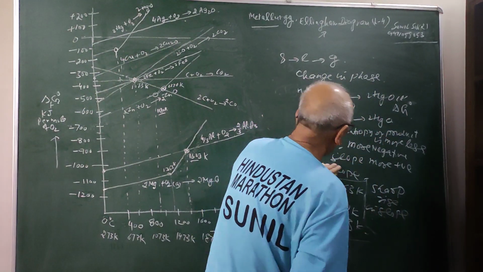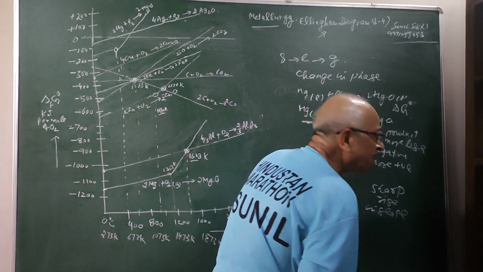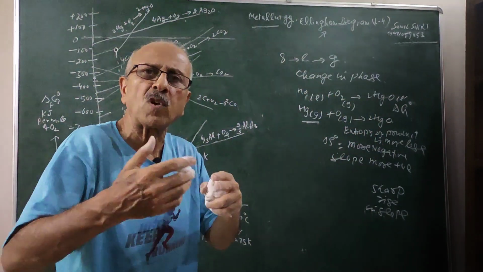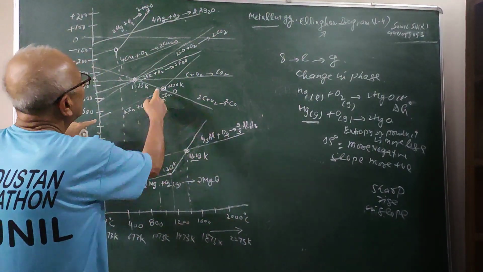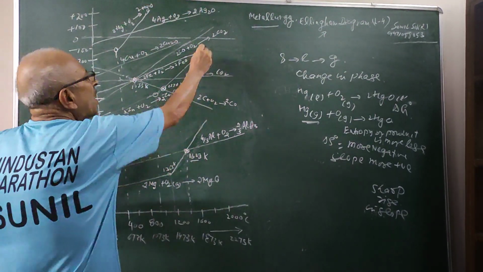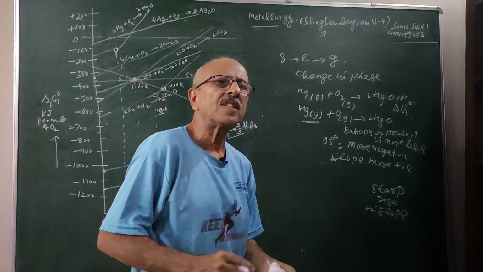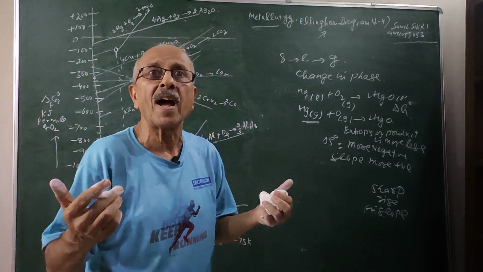Hence we see a sharp rise in the slope in those cases where there is a change in state from solid to liquid or liquid to gas. As you have seen, these are the points where we have shown the circles. There is a sharp increase in the slope because the state of the metal has changed from solid to liquid and liquid to gas.